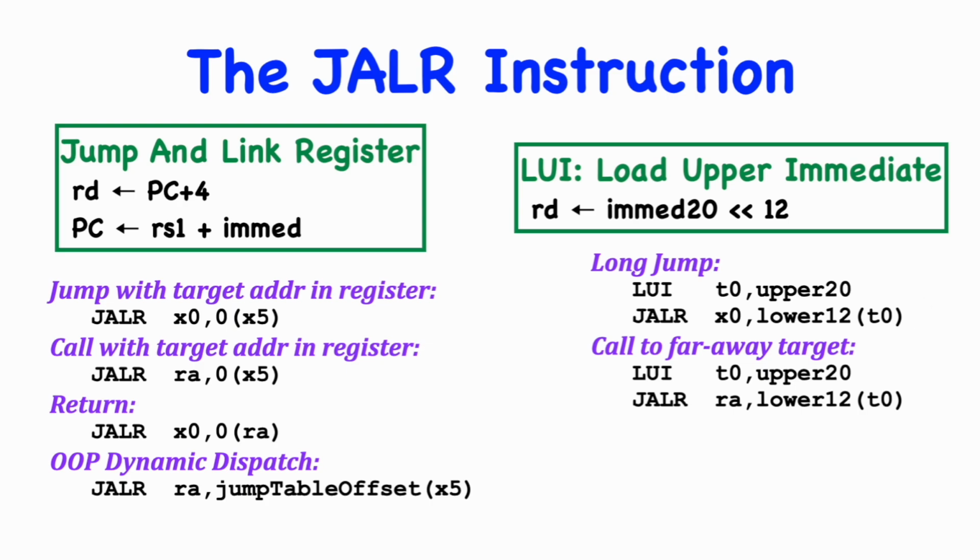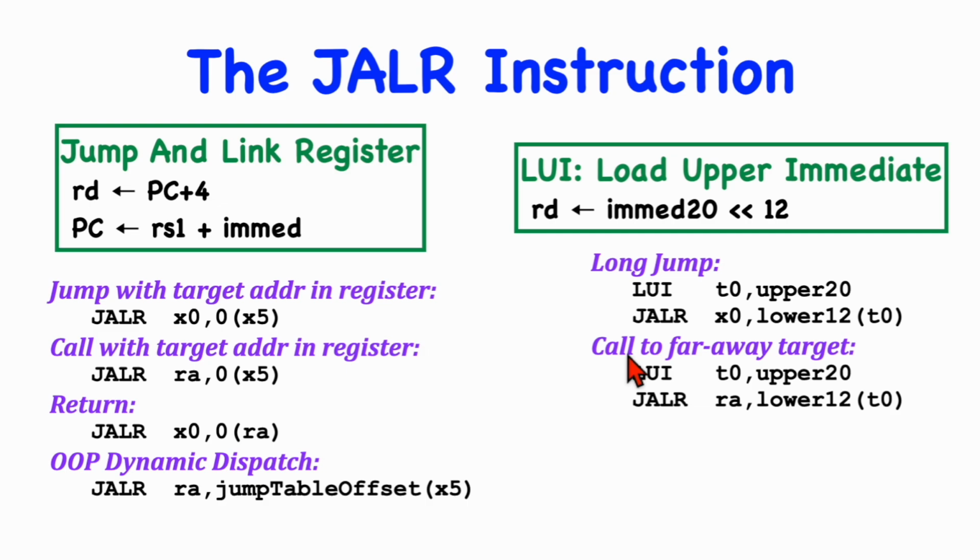The first instruction here sets the upper 20 bits of a register. T0 is one of the temporary registers which we can use for this example. Then the jump and link register instruction adds in the lower 12 bits and performs the jump. Together, these two instructions allow us to branch to any 32-bit address.